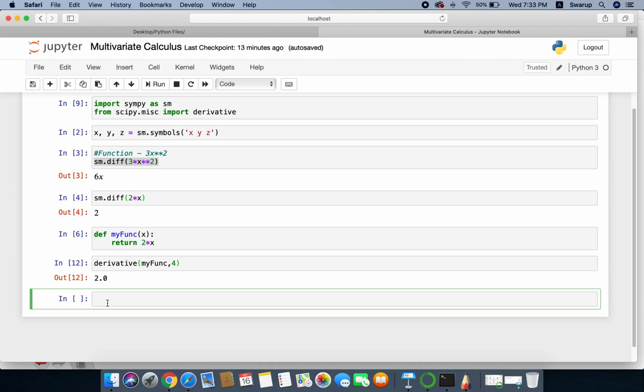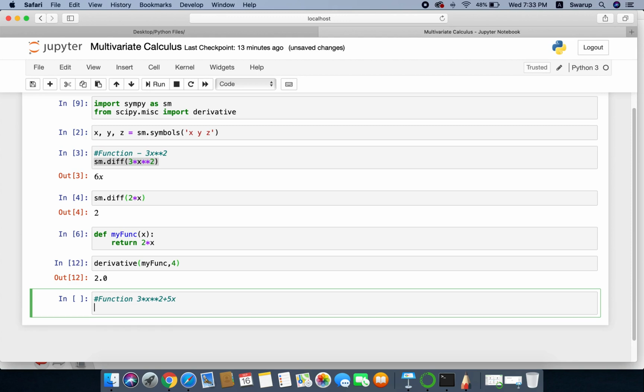So now here our function is 3x square plus 5x. So how do we solve this 3x square plus 5x? I'll write it like this, 3x square plus 5x.